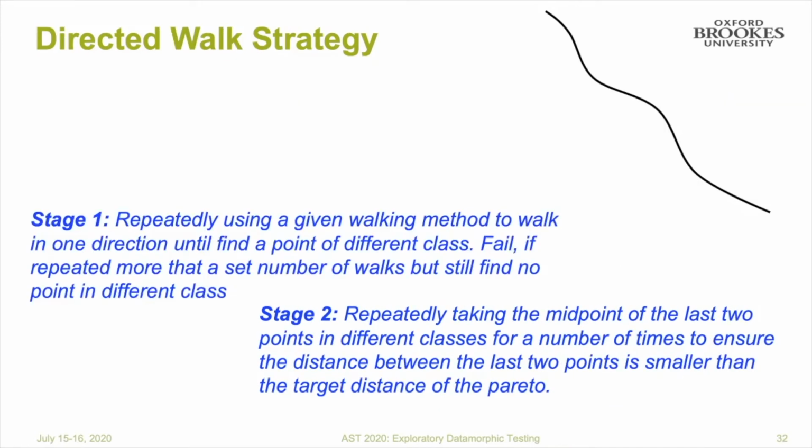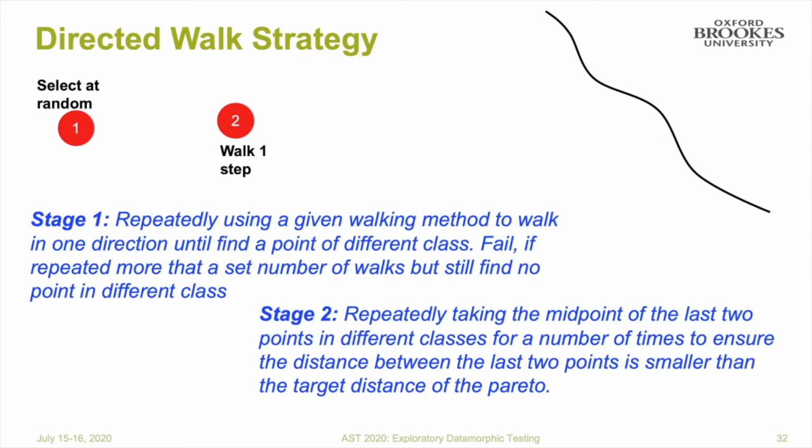The directed walk strategy also consists of 2 stages. It starts by selecting 1 point in the input space at random, and then it applies a unary datamorphism as a walking method to find another test case, and to see if the test case is in the same class as the previous test case.